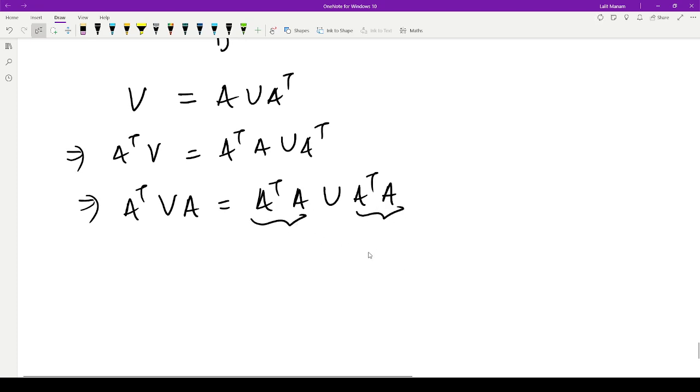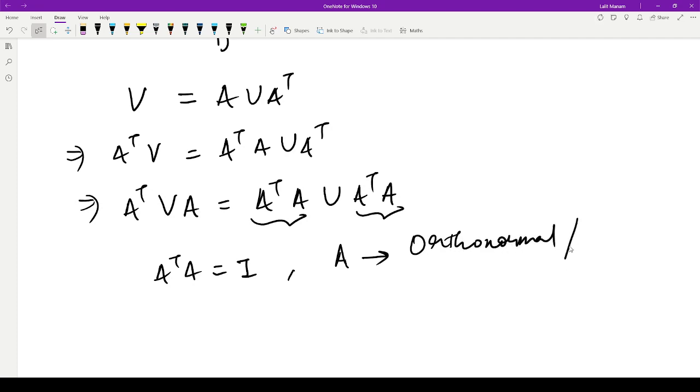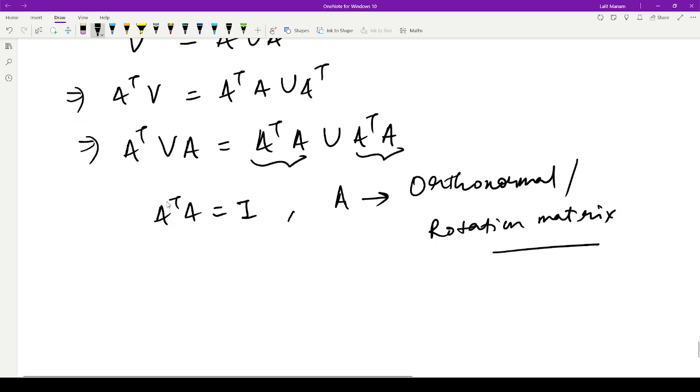A transpose A is what? Identity, right? Why is A transpose A identity? A is orthonormal, or a rotation. So what does it lead to? U is A transpose V A.